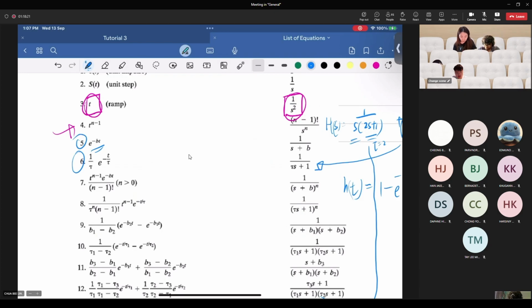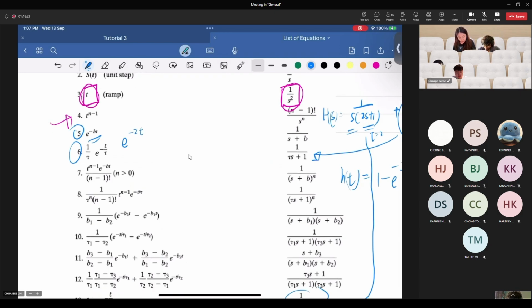So you will get e minus 2t, Laplace transform of this, you will get 1 over s plus 2. It's term 5. Then you have the same one, negative 2e negative t. So it's using again term 5. Negative 2 will remain.